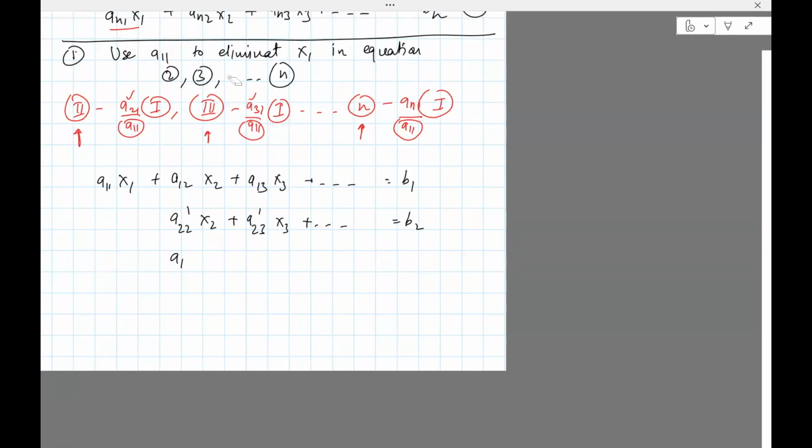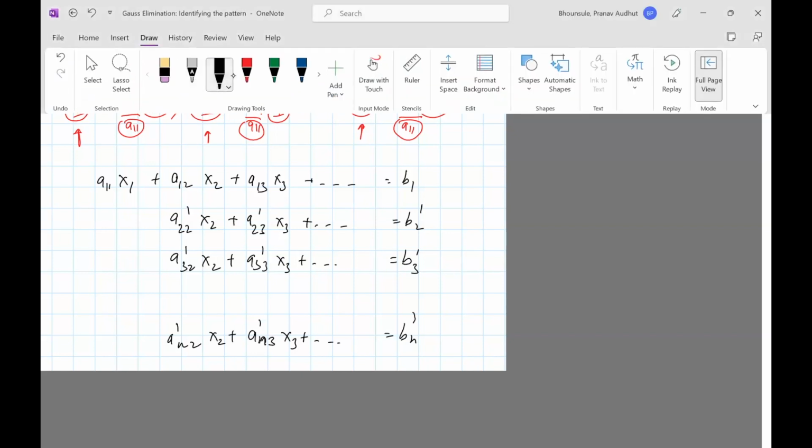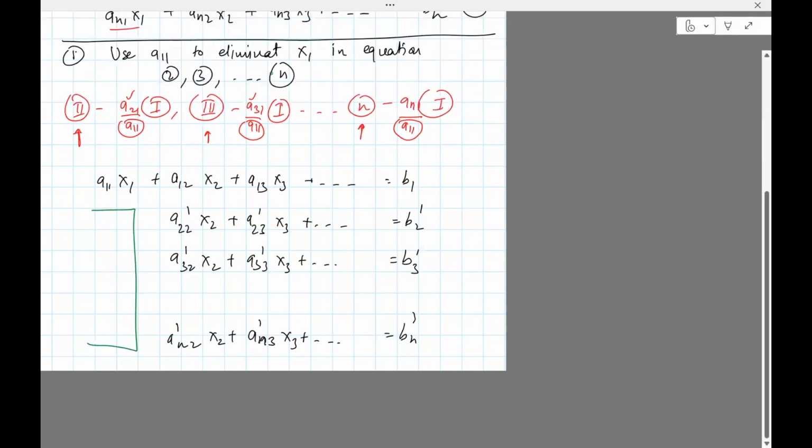So this will be a32 prime x2 plus a33 prime x3 plus so on equals b3 prime, b2 prime, b3 prime, and so on. And 3 prime x. Okay, so let's see, no x1.